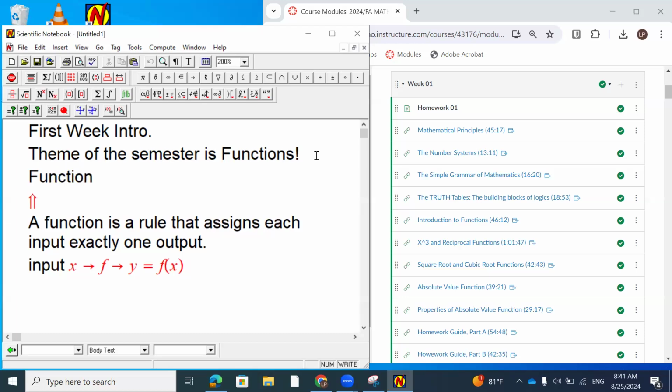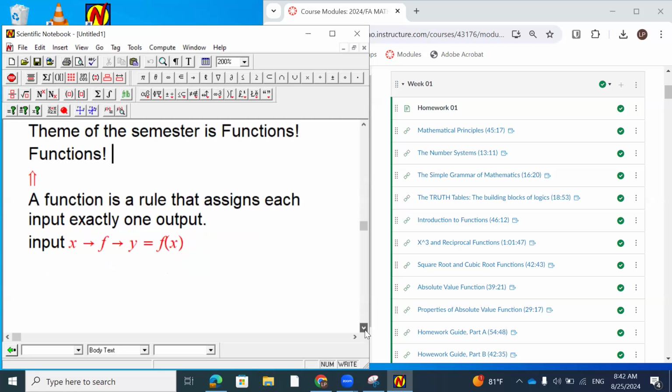In calculus, the first word you're going to hear is function. Everything in calculus is about functions and the many forms of functions. That's why this course is called pre-calculus. So we're going to study all of these functions.